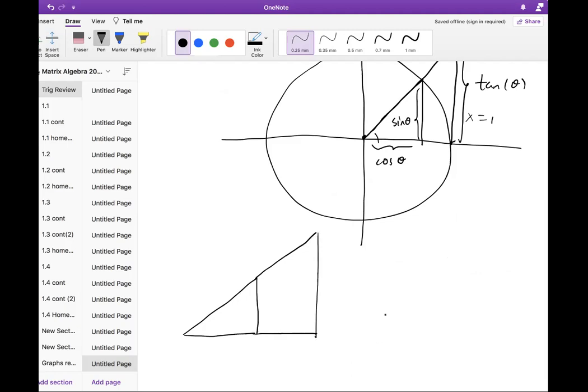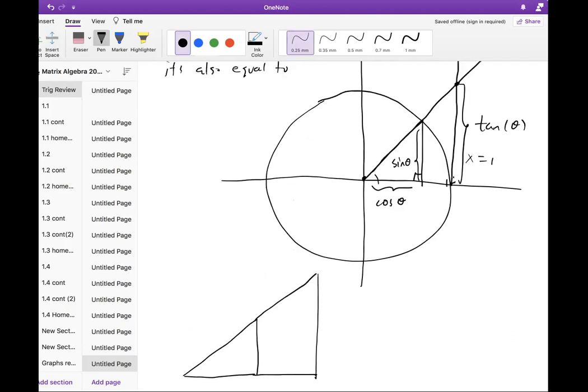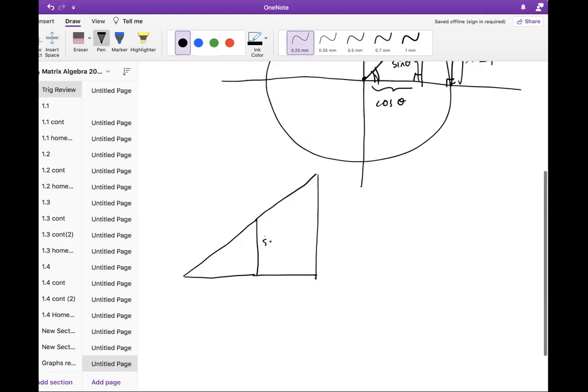Because of similar triangles. These triangles are similar, right? This is a right angle, this is a right angle. This is angle theta, and this is equal to this angle because of parallel lines. So if this side is sine of theta, and this side is cosine of theta, and this length is 1, and we don't know what this length is, let's say x, then by proportionality, cosine of theta divided by 1 is equal to sine theta divided by x.